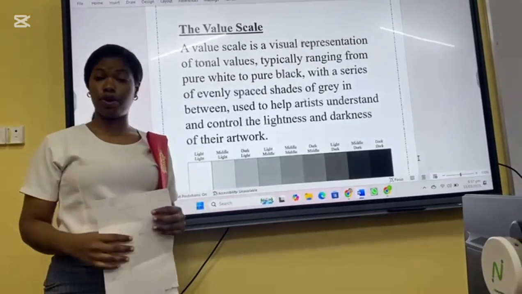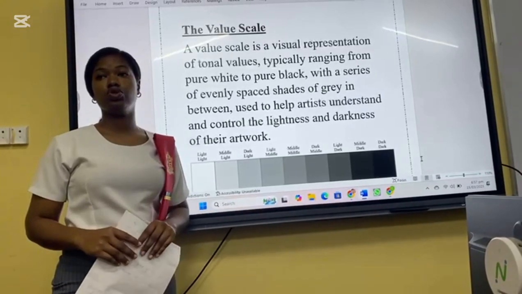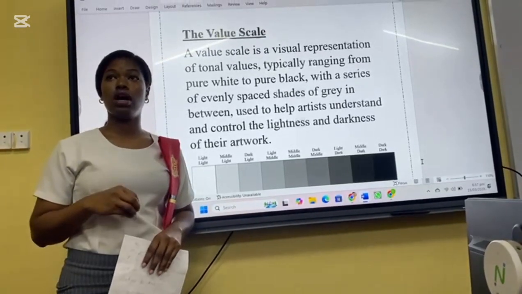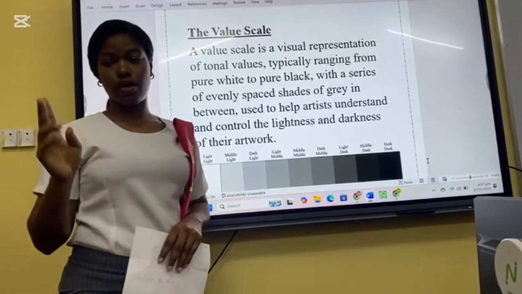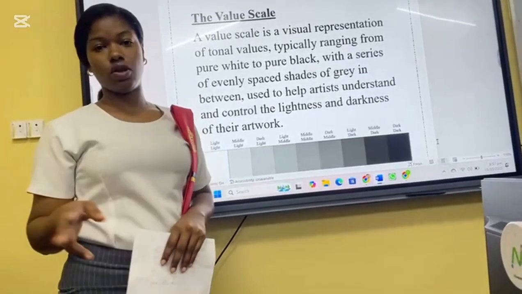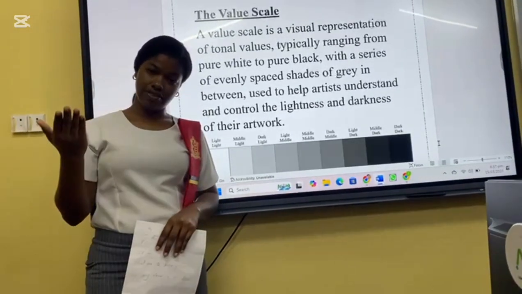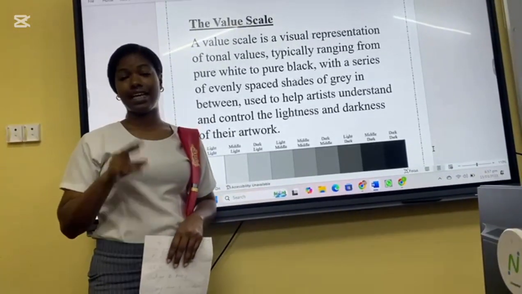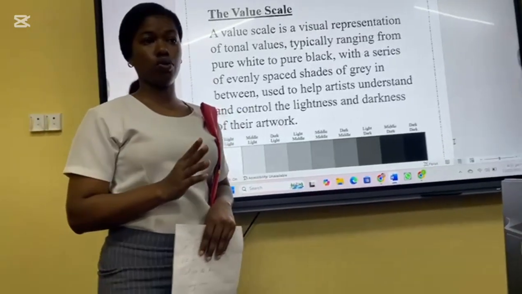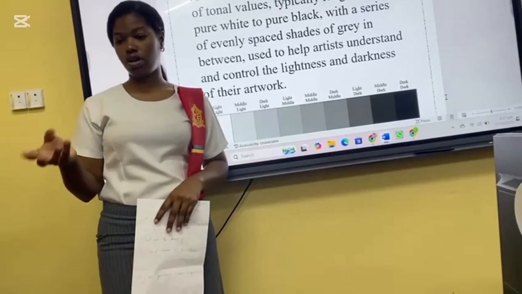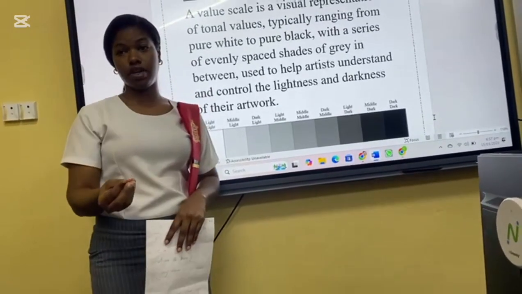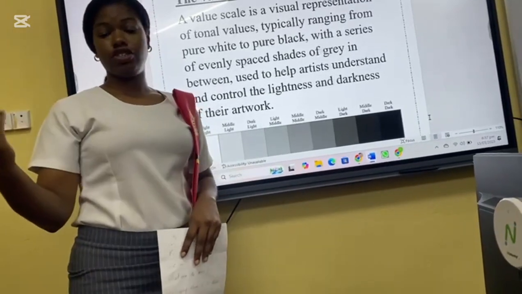So now for homework, I want you to draw two objects. Now we had one object in class. Now we're gonna level that up a bit. You're gonna select any two objects in your household. You can select fruits or a fruit and another simple object, right? Place your lights.